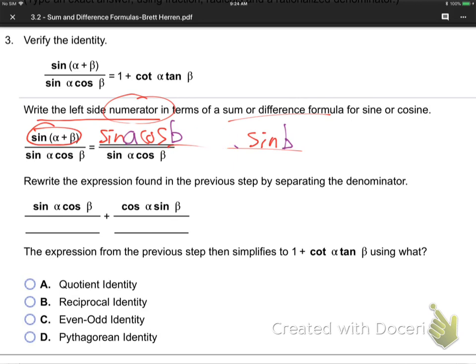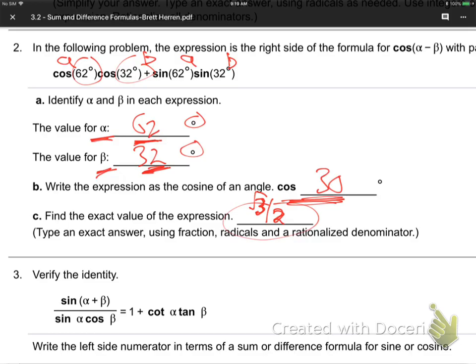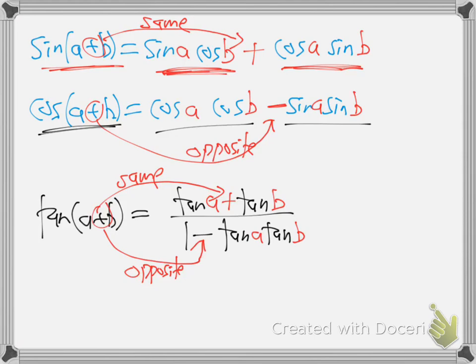Let me scoot this over a little bit. What sign, plus or minus I mean, should I put in the middle here? How does it work with the sine formula? Yeah, whatever is in the middle of sine, it's the same thing on the right side, isn't it? Whereas cosine does the opposite. Cosine, whatever you start with, it's opposite.